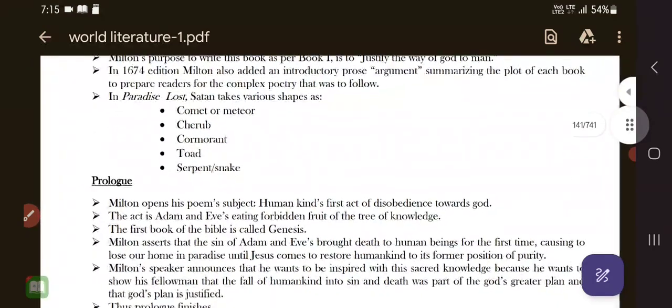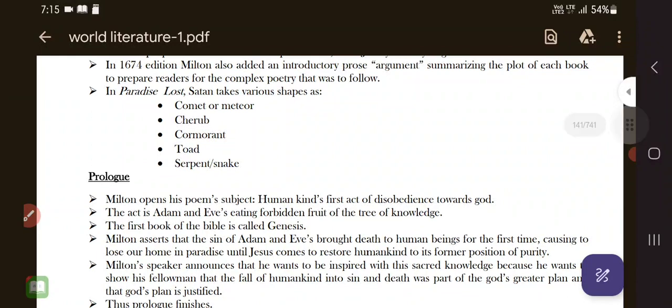Coming to this next, in the beginning the author John Milton wrote a prologue, which means an introductory part for writing the book. Milton opens his poem with the subject of mankind's first act of disobedience towards God.